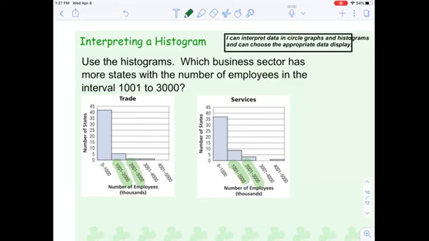So I look at my frequencies, and this looks about 6 and 1, so 7 total there. And this looks about 8 and 3, which is 11. So which one is greater? Services.